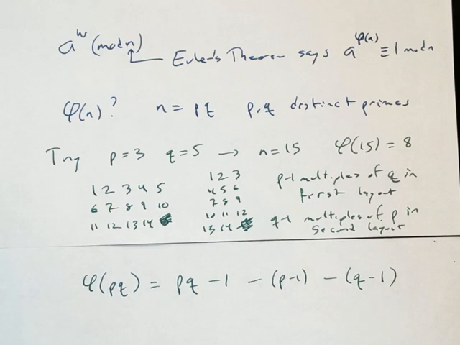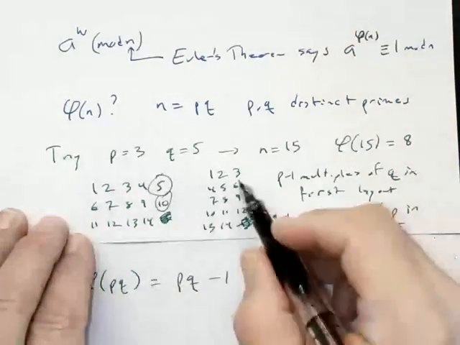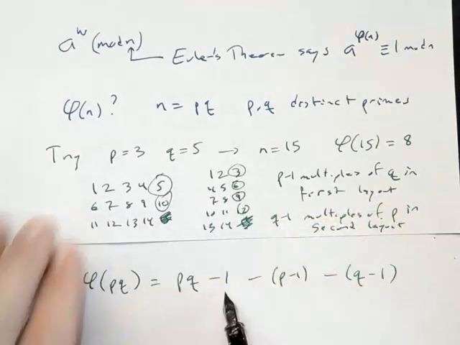Yes? I have to throw out these p minus 1 numbers, and I have to throw out these q minus 1 numbers, and I crossed out that one from the total pq.